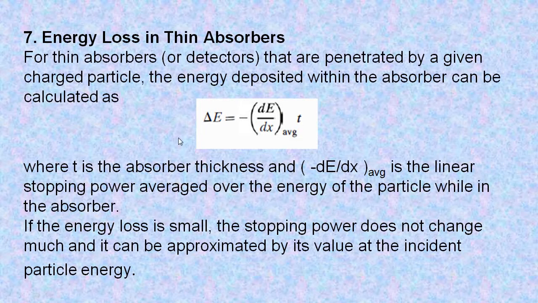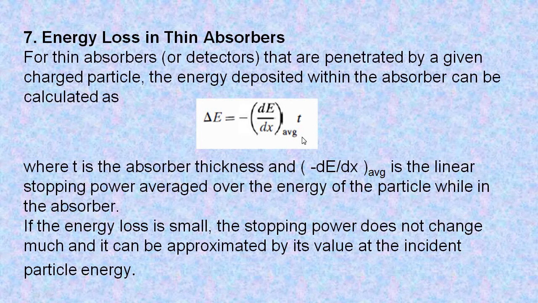So if T is the thickness, if you multiply with that thickness, you will be getting the total energy deposited. In this equation, T is the absorber thickness and minus dE by dx average is the linear stopping power averaged over the energy of the particle while in the absorber. If the energy loss is small, the stopping power does not change much, and it can be approximated by its value at the incident particle energy.